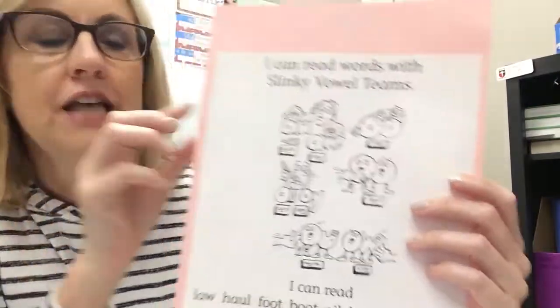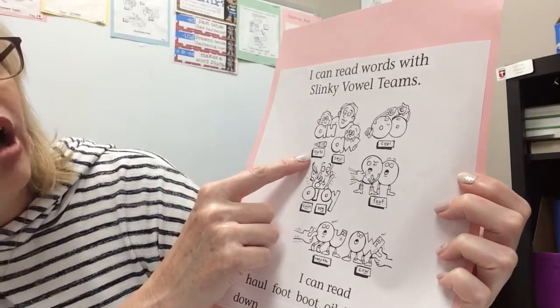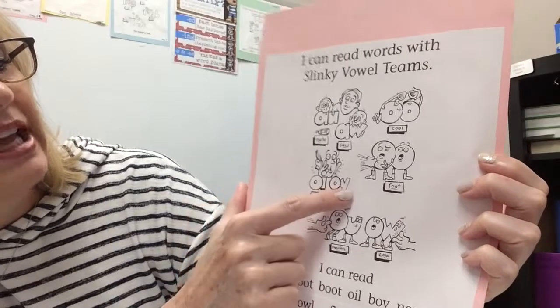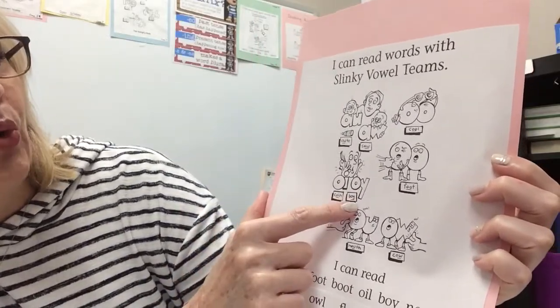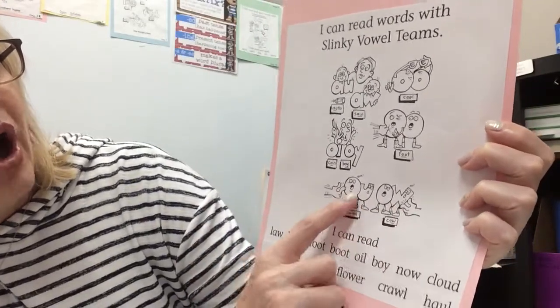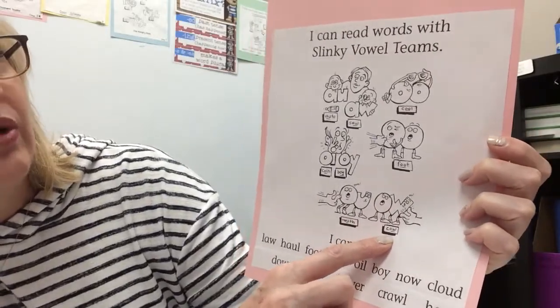Now, the next thing we're going to review are vowel teams, and that's what we've been working a lot on here recently. First, we talked about slinky vowels. So we had AU and AW, which say ah like auto and ah like saw. We had OI and OY, which say oi like coin and boy. We had OU and OW. OU says ow, and so does the OW in cow.